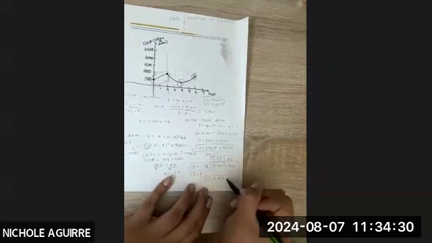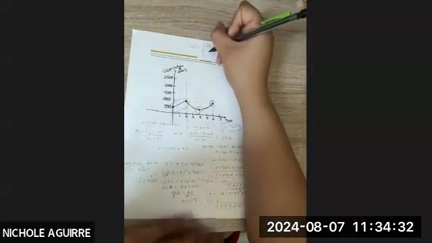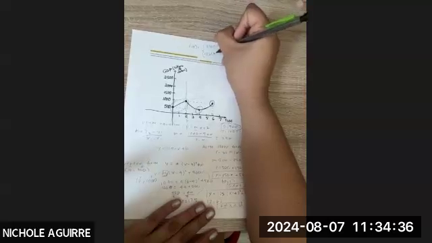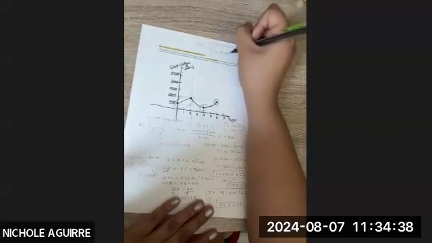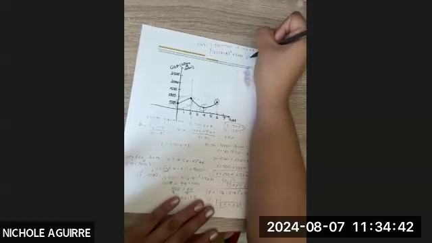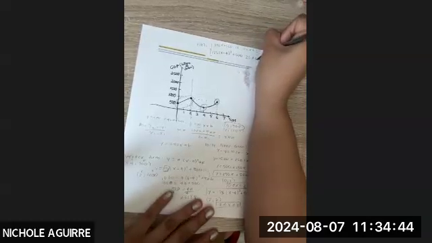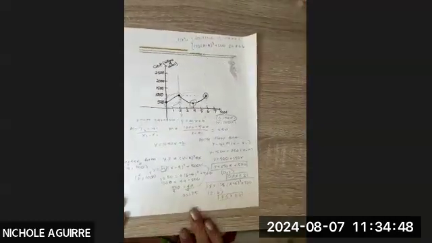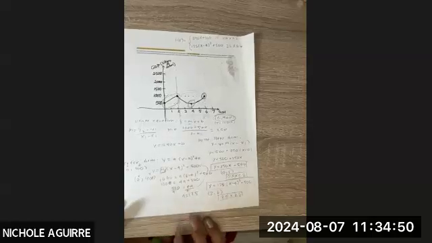So this is what we're going to want to use for our domain. So we're just going to put this up here to wrap it up. Okay, and this is how we would find our piecewise function.